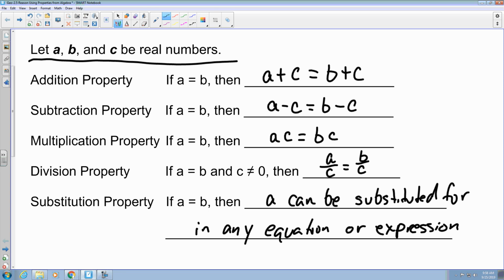So for the most part, these are the properties that we're going to use today to show how we can write a formal proof using algebra.